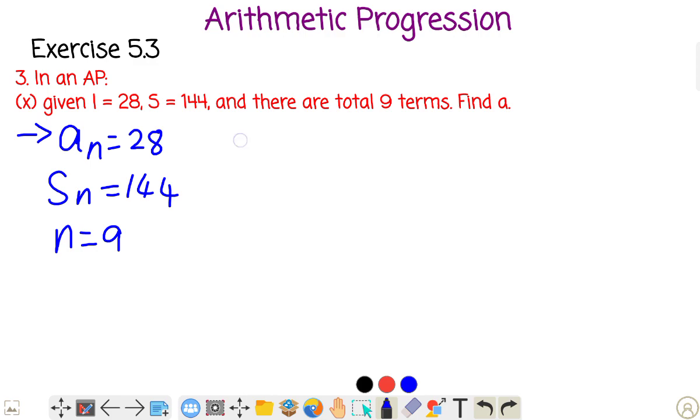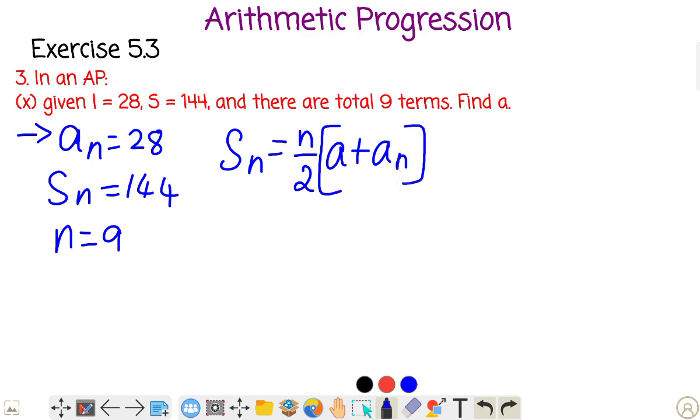So how can we find it out? So Sn is equal to n by 2. See, which formula do you have to use? If they have given you d value, then you have to go with the bigger formula. But here d value is not given, so I'll go with the smaller one because an value is already given. So I'll go with a plus an value is equal to how much they have given? 144.